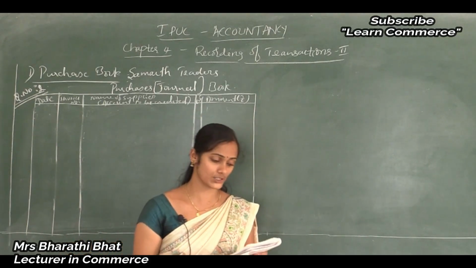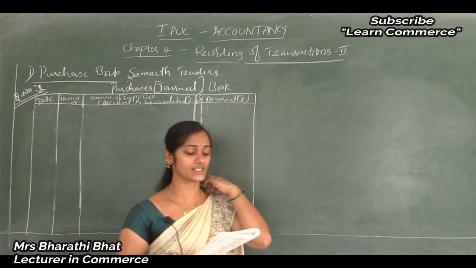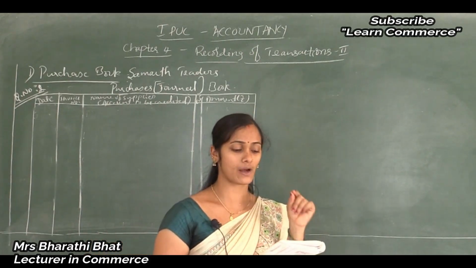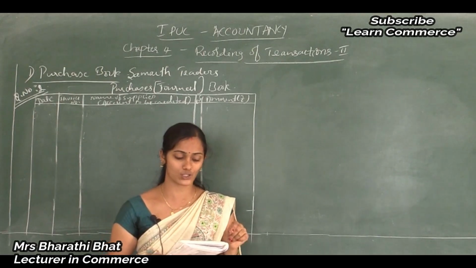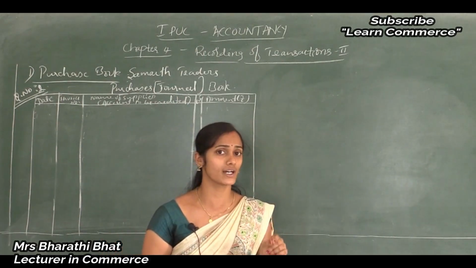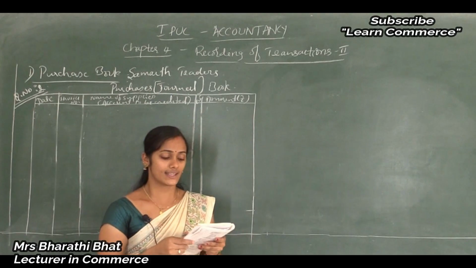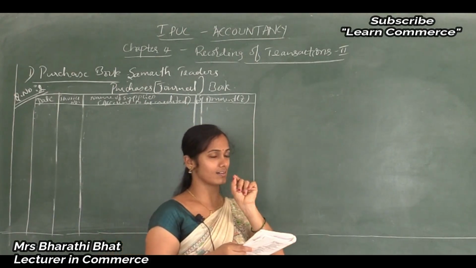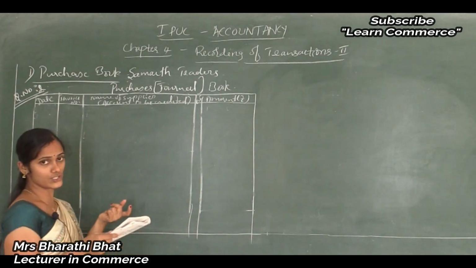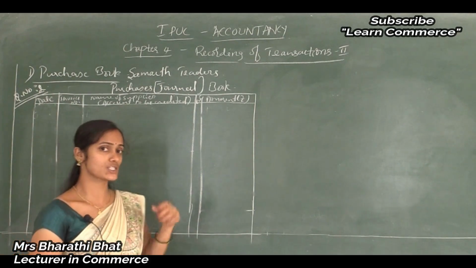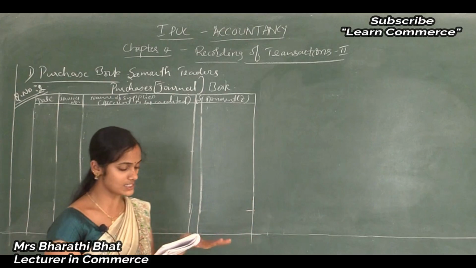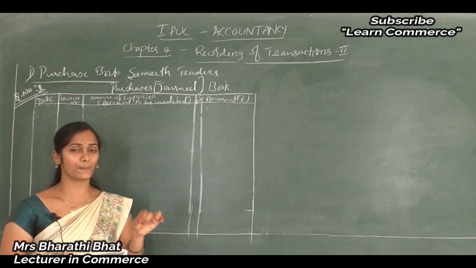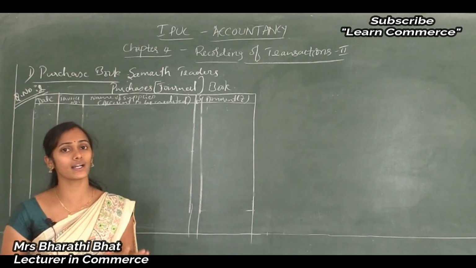Now see the transactions. 2017 January 1st, purchased from Mandya Sugar Mills 10 quintals of sugar at rupees 3,500 per quintal. We have to calculate the amount here, because they purchased 10 quintals of sugar at rupees 3,500 per quintal.